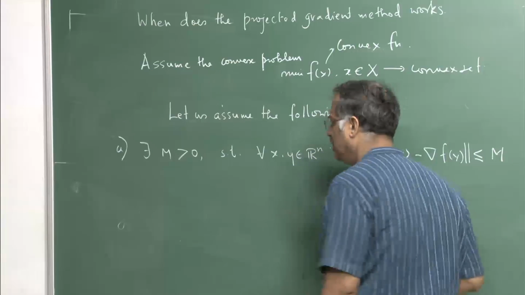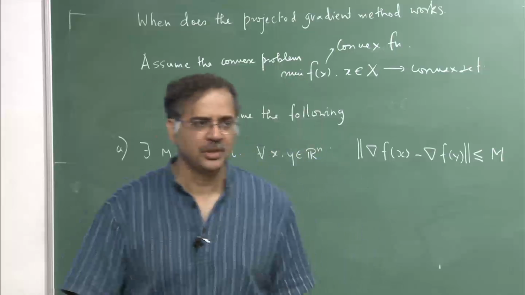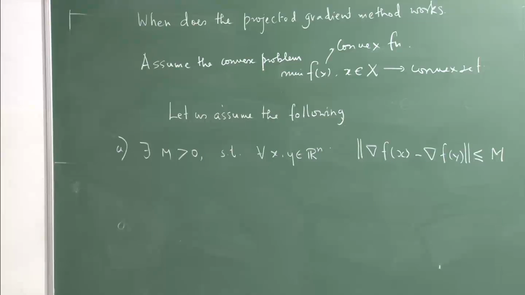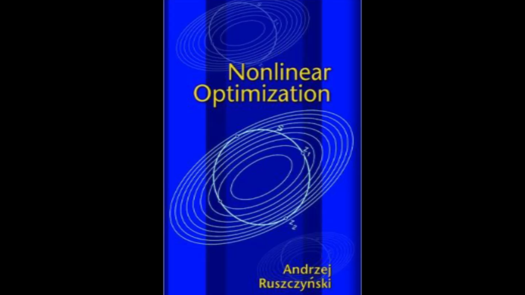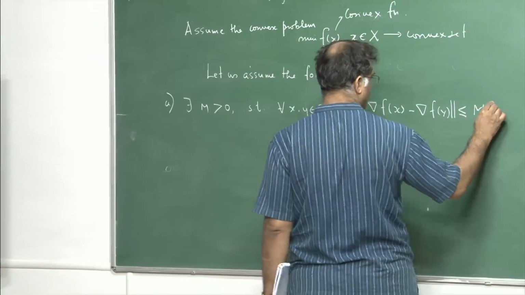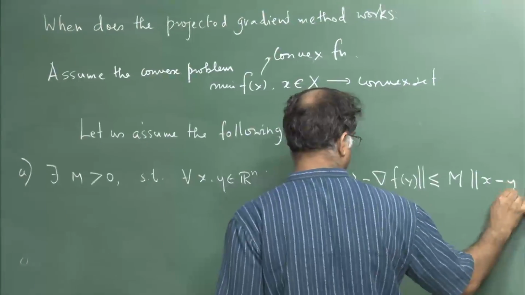This result is due to Ruszczynski. It appears in this book, Nonlinear Optimization, published by Princeton University Press around 2007. Okay. The bound is m times the norm of x minus y.